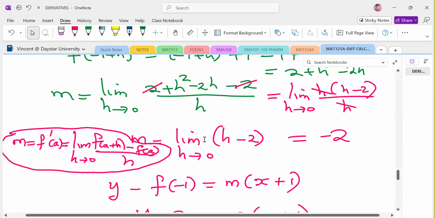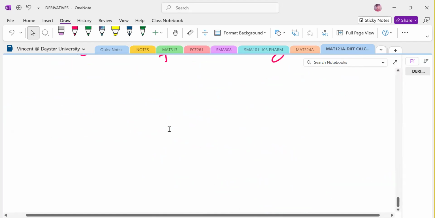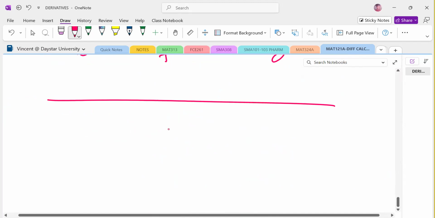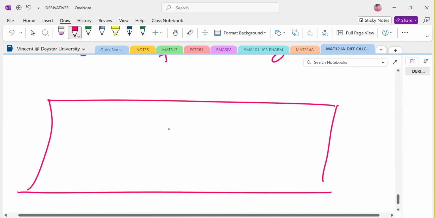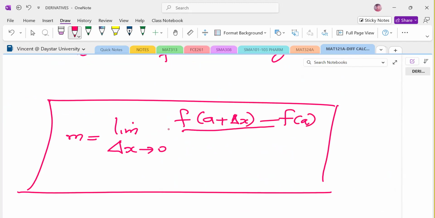You'll find in some textbooks, instead of writing h, they use delta x. So the h is just a small change in x.